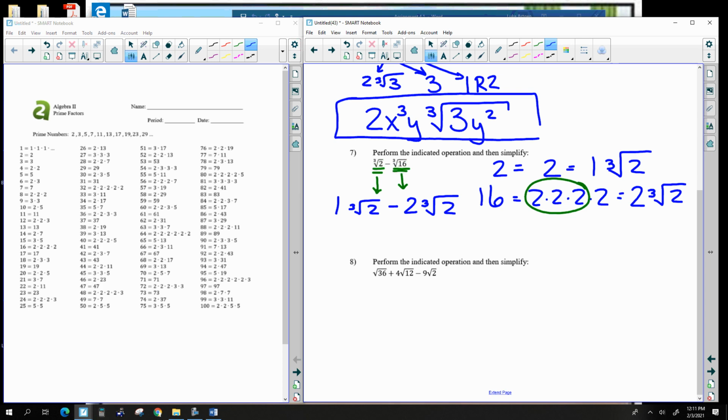So on first investigation, it looked like I couldn't do this problem, but after simplifying, I see that these roots are now the same. I'm able to do this problem. So this is going to be 1 minus 2, so that'll be negative 1 cube root 2.